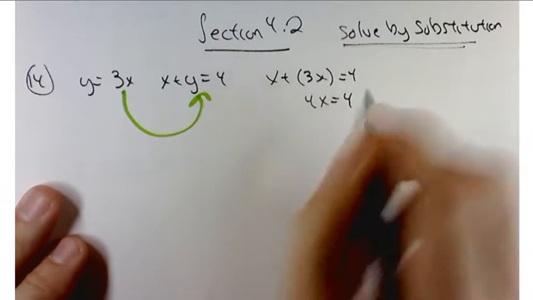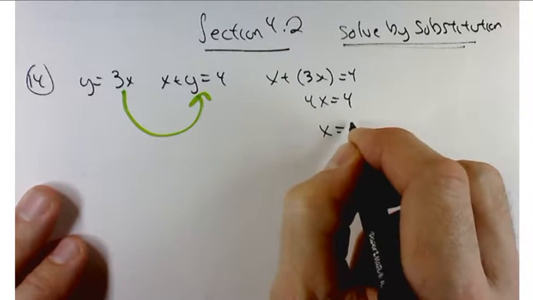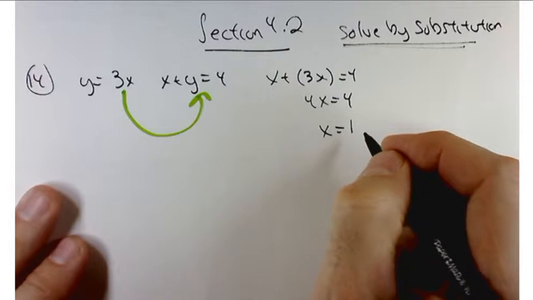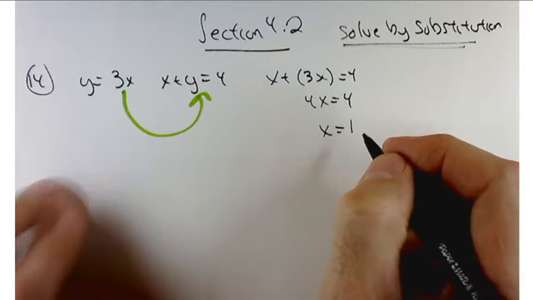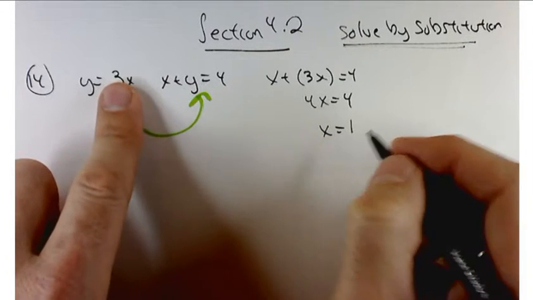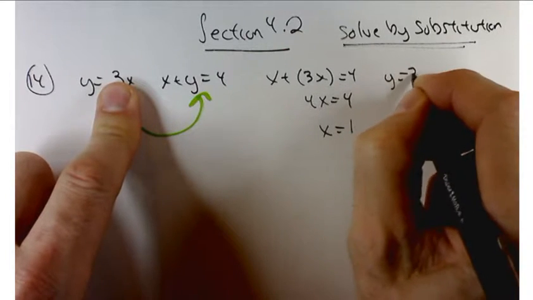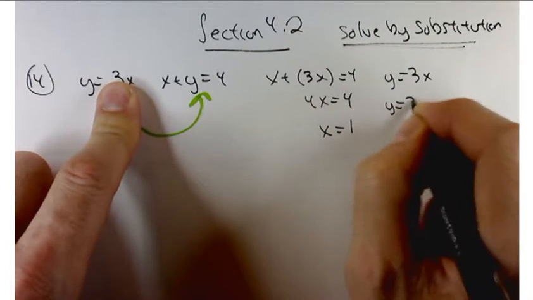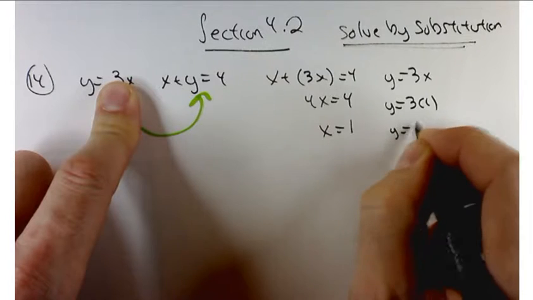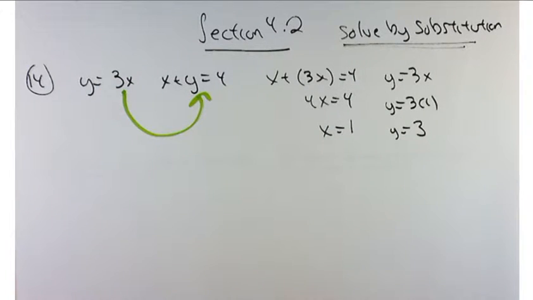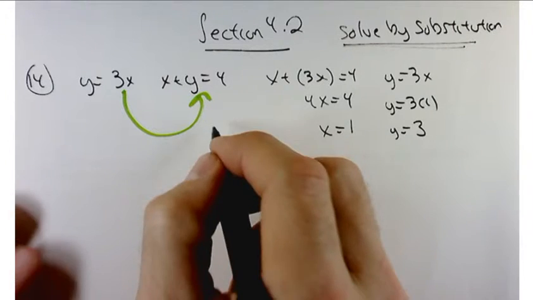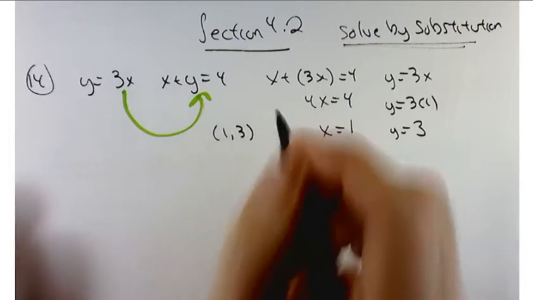So if 4x equals 4, what does x equal? 1. Cool. Well, if x equals 1, what does y equal? If x equals 1, y equals 3. I don't know how to tell you this, but we're done.